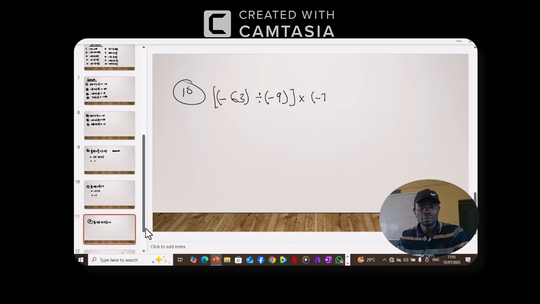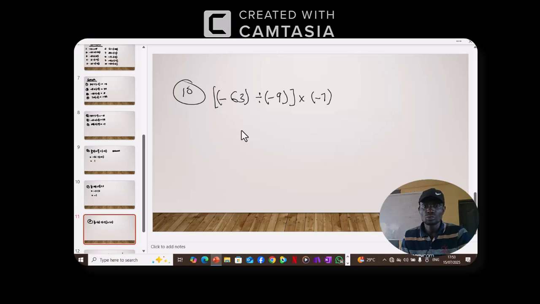Look at this. You open the big bracket first. Inside the bracket we have minus 63 divided by minus 9. So it's minus divided by minus, your answer will be positive. 63 divided by 9 is 7.